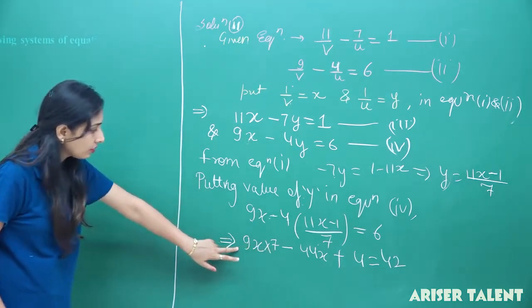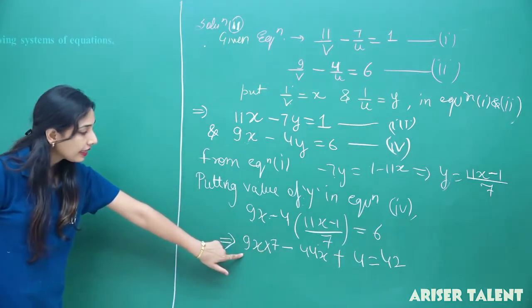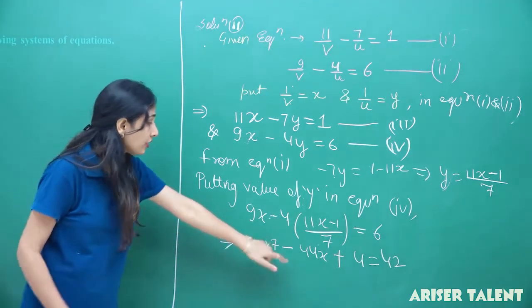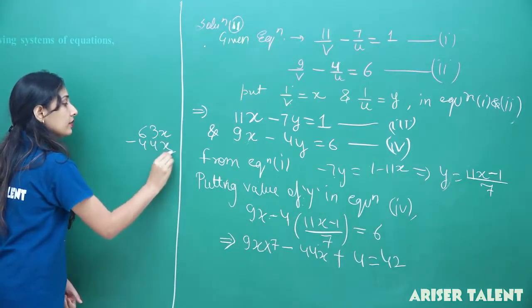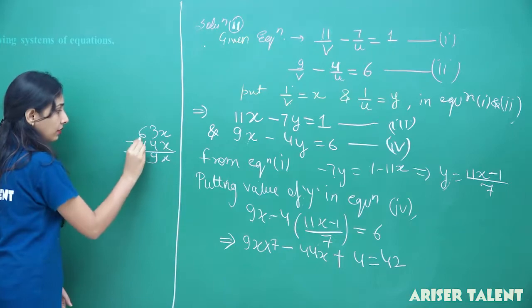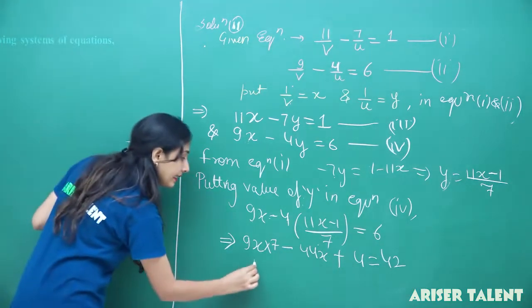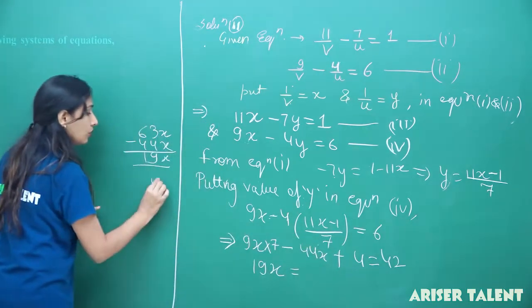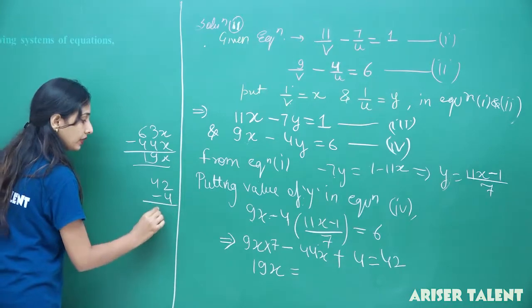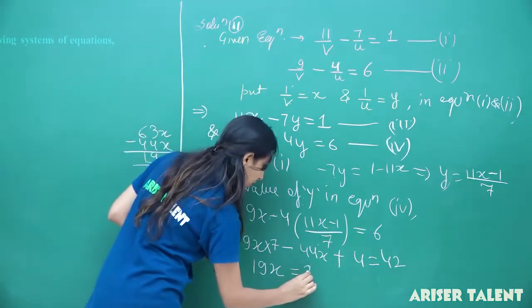Now this is 9 and 7, that is 63x. 63x minus 44x is what? 19, right? So that will be 19x equals to 42 minus 4, that will be 38.